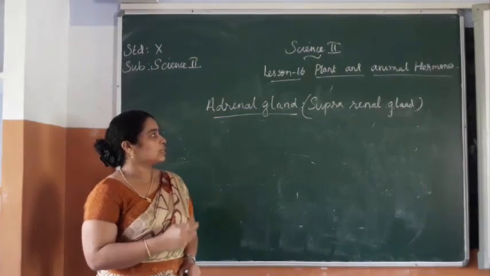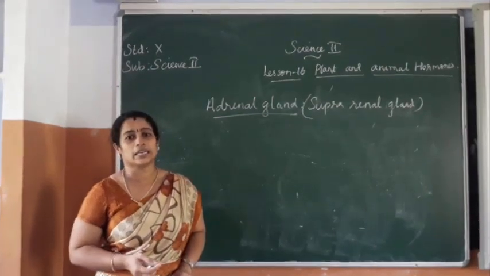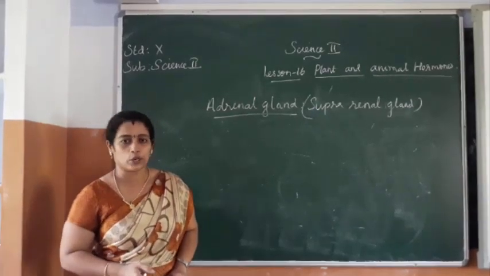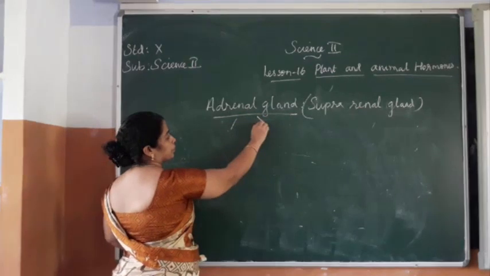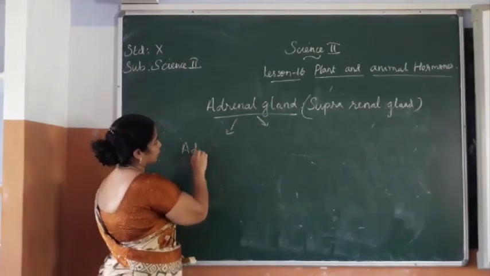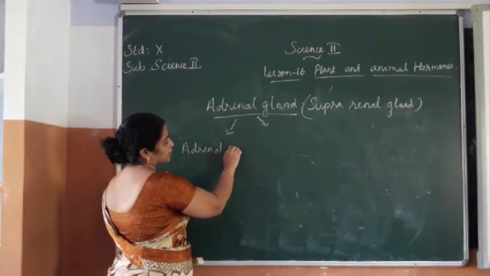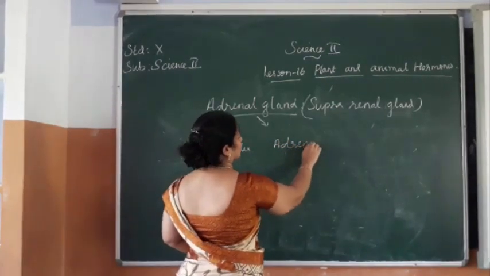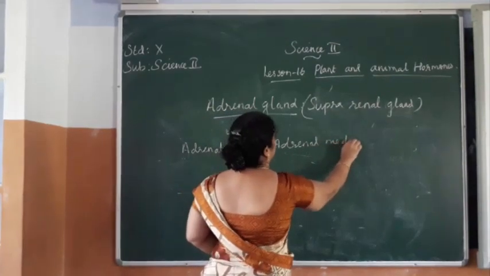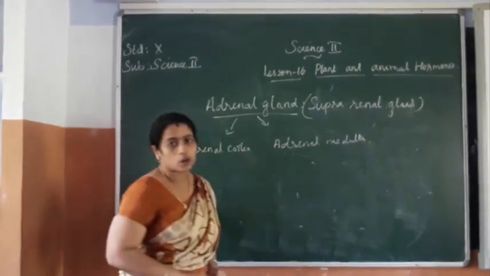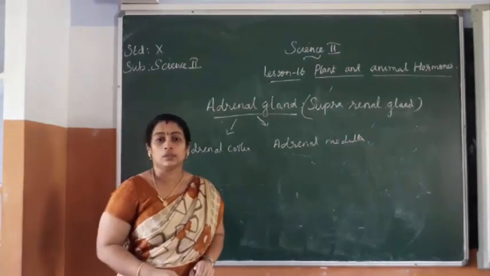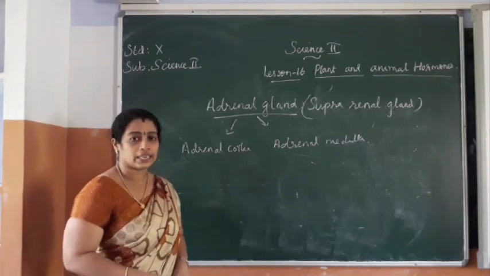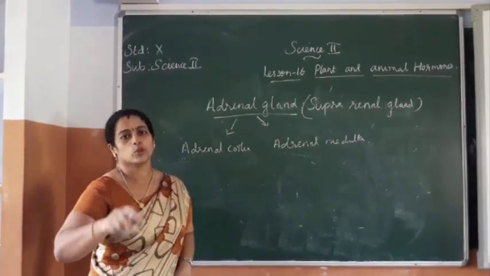This adrenal gland, or suprarenal gland, consists of two parts: adrenal cortex and adrenal medulla. First we are going to see the adrenal cortex, the outermost portion of the adrenal gland.